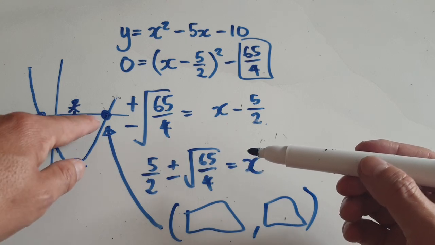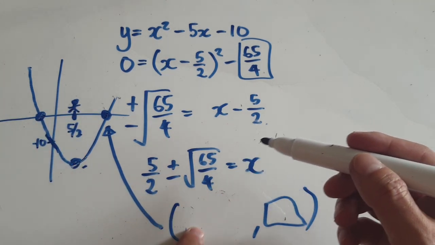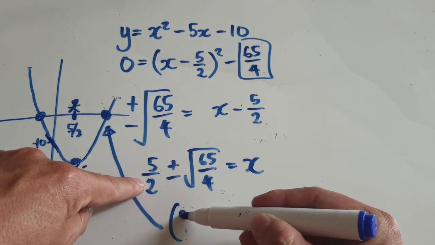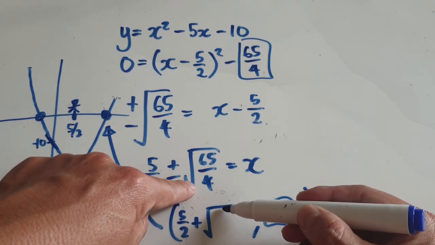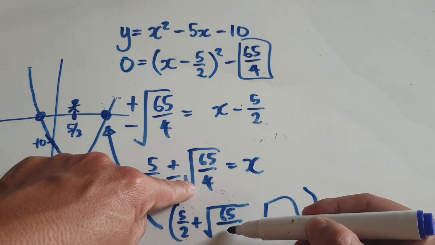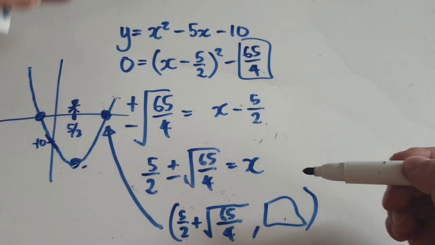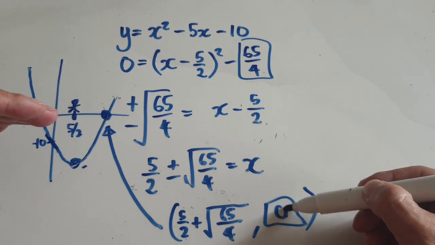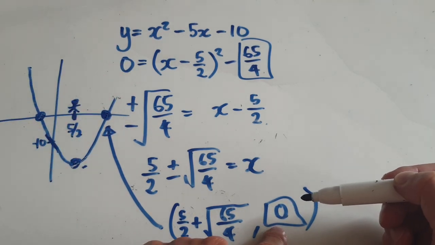The x coordinate would be you standing at 5/2, and then you add that weird number there. You can jump to a calculator and work it out. That would be this much across. And then how high up is it? It's at a height of 0 because it's on the x-axis. So y will be 0.